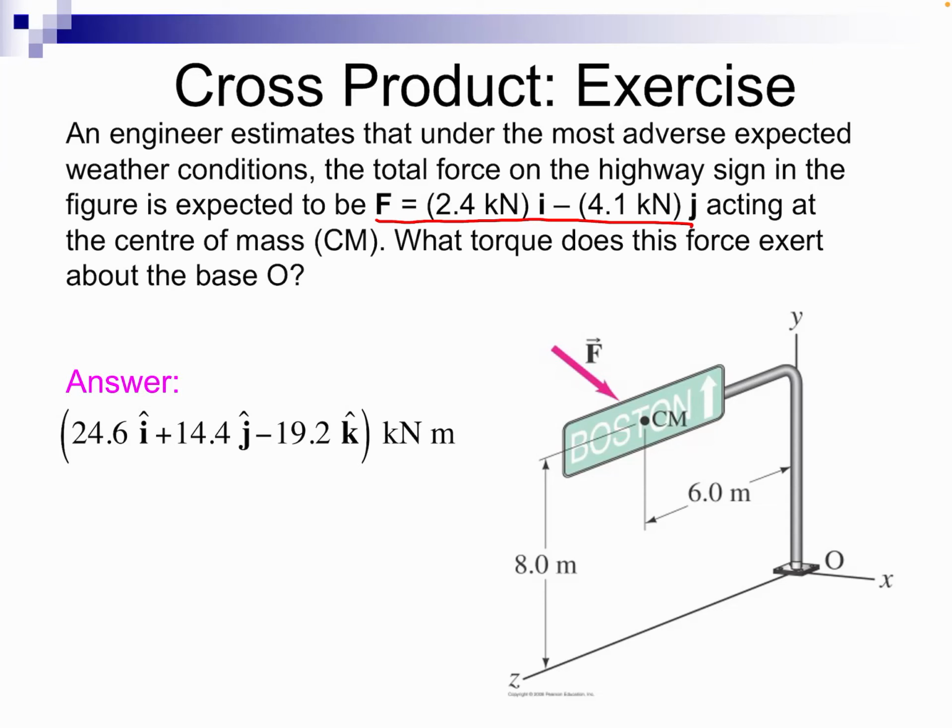So the crux of the problem here is just finding r, writing the moment arm vector, which will have a j hat component, which is 8 meters j hat, plus 6 meters k hat. All right.